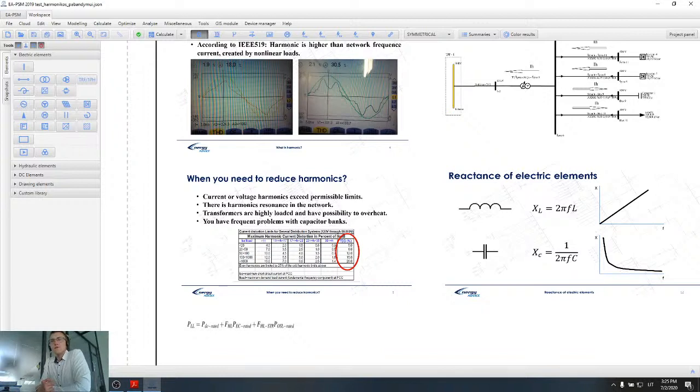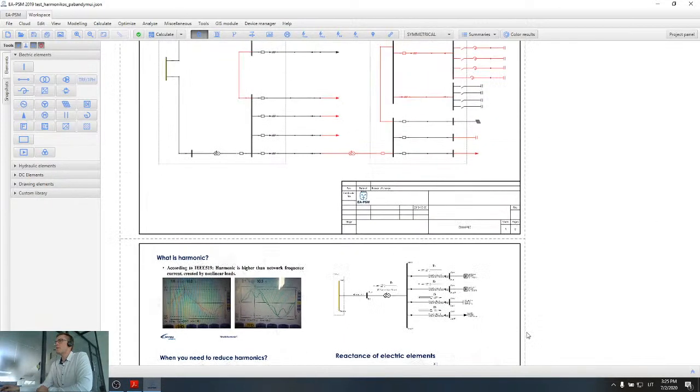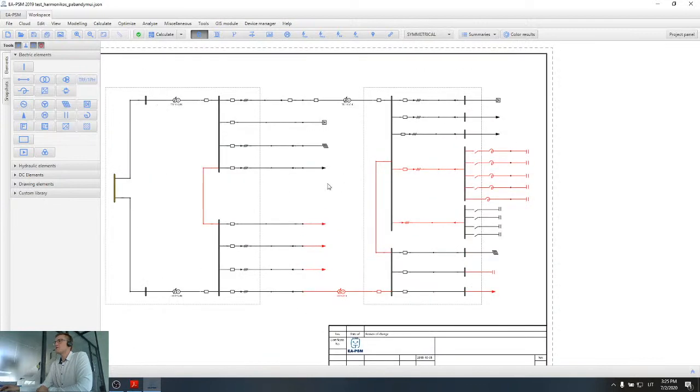One more question from Mr. Kumar, and the question is, on what principles does EA-PSM compute the power system studies? The idea is this: when we create a single line diagram, based on this single line diagram which the user draws, here is an example of one of these diagrams, inside of our software we create matrices that represent this single line diagram.